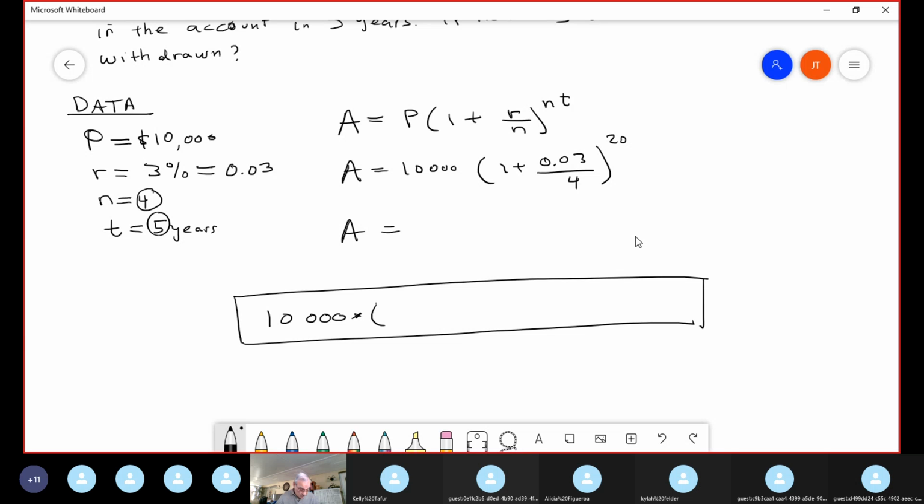Inside the parenthesis, I put 1 plus 0.03 division 4, close the parenthesis.